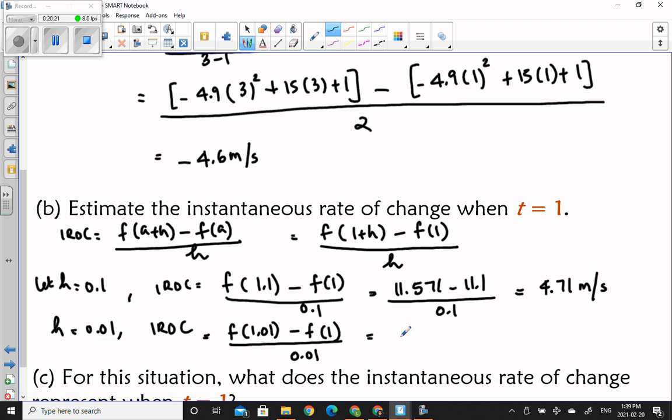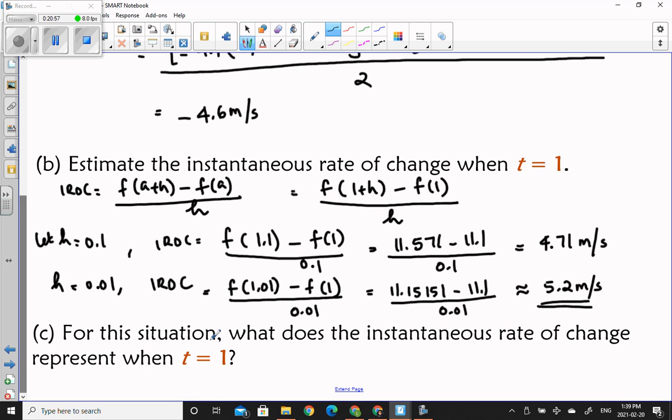And that would give us 11.15151 minus 11.1 divided by 0.01, which gives approximately 5.2 meters per second. So I'm going to take this as my answer because it's a very small value of h, and I'm going to conclude that that is the value of the IROC at t equals 1.